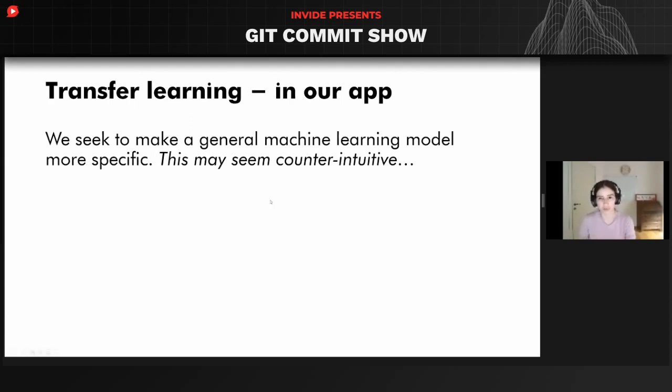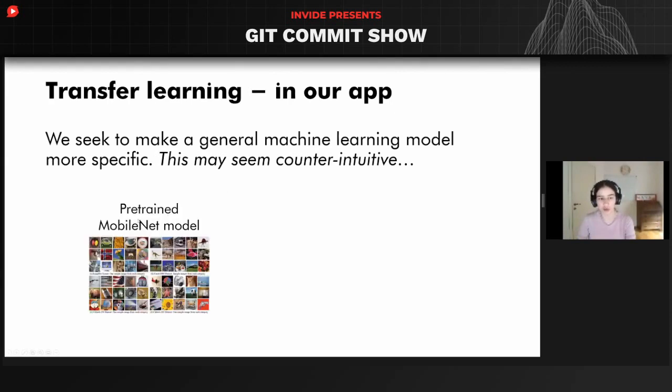So there are two main parts. One is the pre-trained MobileNet model. MobileNet is this huge convolutional neural network trained on, I think, 14 million images, and it has like 30 layers, if I remember correctly. And it basically takes in an image of anything, really.